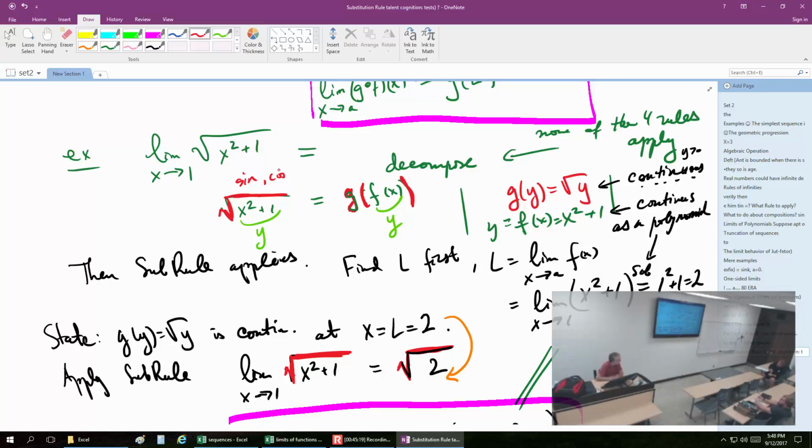As long as the functions involved are continuous, then all you have to do is substitute. In my experience, the decomposition is actually more complicated. Understanding compositions and being able to compose and decompose functions is a bigger challenge than the limits themselves.